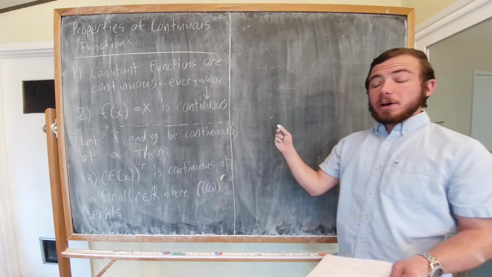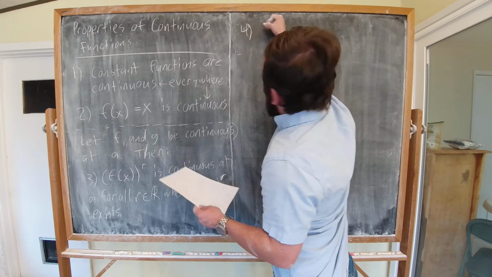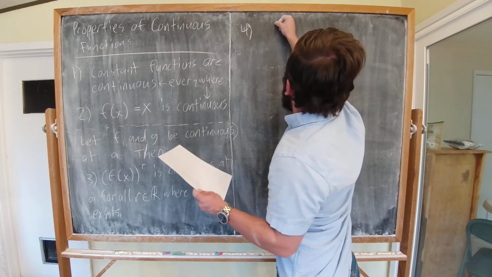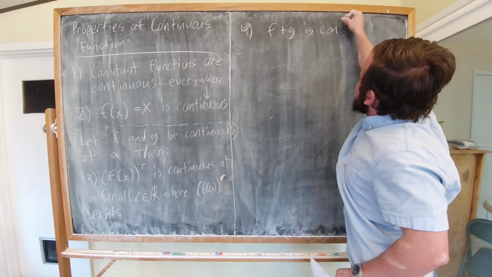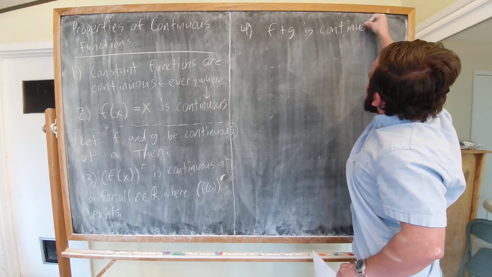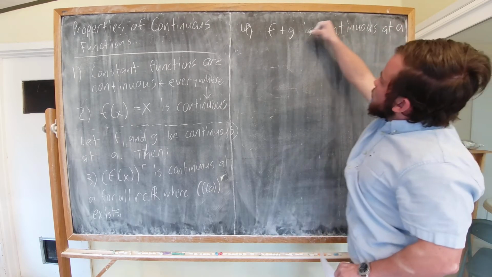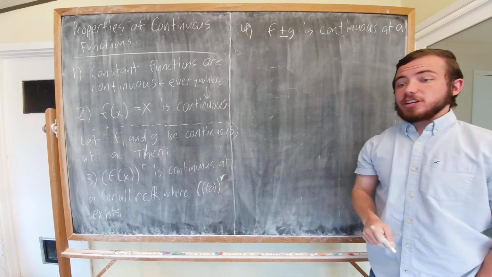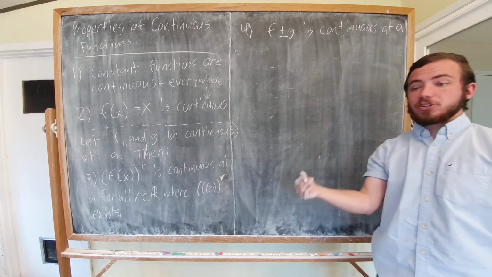Alright, we also get a few more continuous functions. f plus g is continuous at a. Also, f minus g is continuous at a. So that's nice. Adding continuous functions together gives you a continuous function.